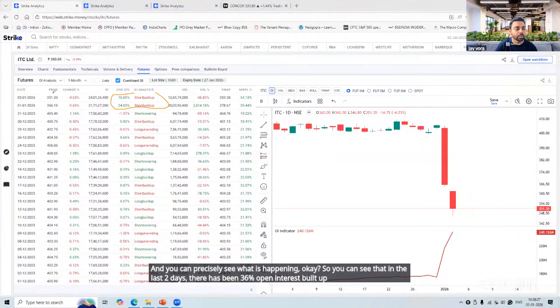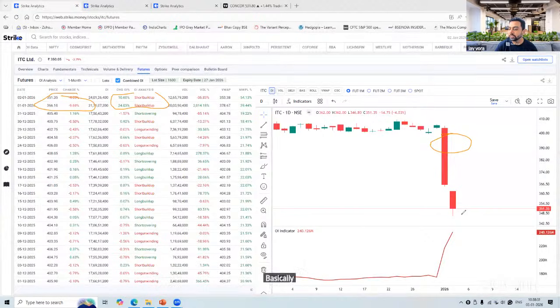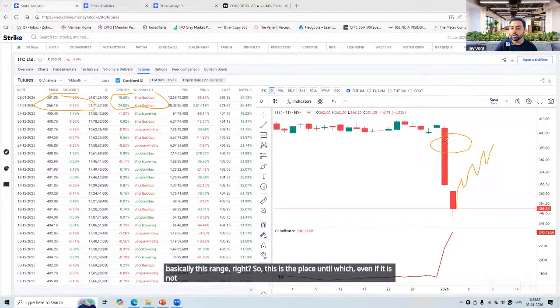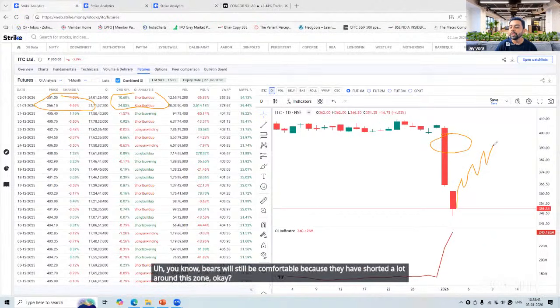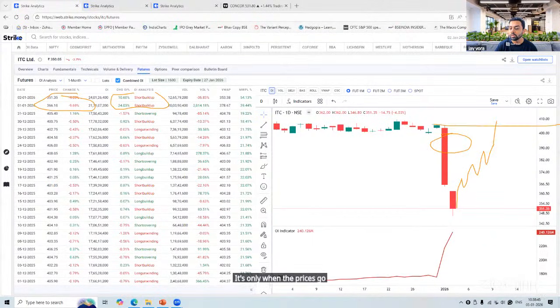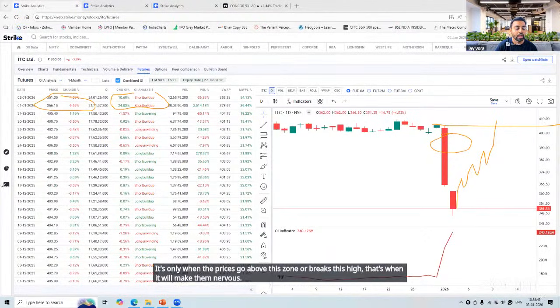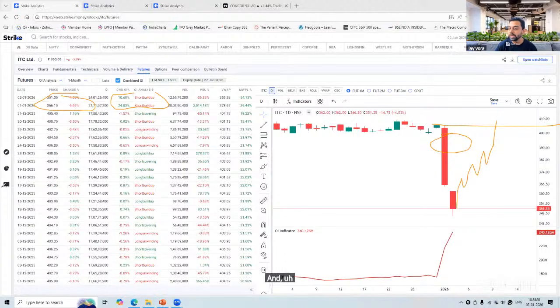People have shorted around this range, basically this range, right? So this is the place until which, even if it is not broken, bears will still be comfortable because they have shorted a lot around this zone. It's only when the prices go above this zone or break this high, that's when it will make them nervous, and it might lead to short covering.